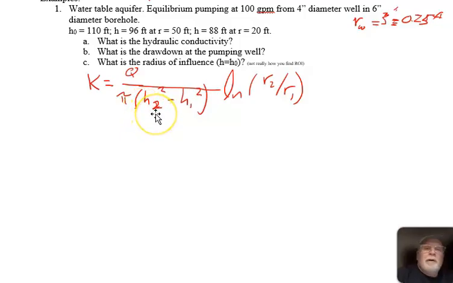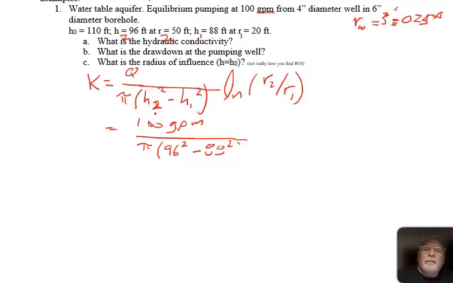H2, maybe I'll call this 1 and this one 2. So I might as well write it out: 100 gallons per minute over pi times H2 is 96 feet squared, minus H1 is 88 feet squared, times the natural log of R2 is 50, R1 is 20.